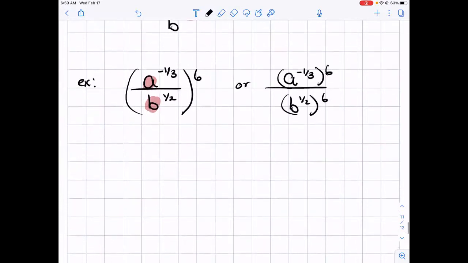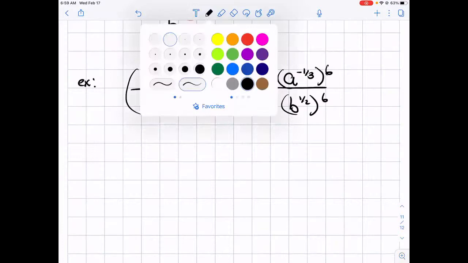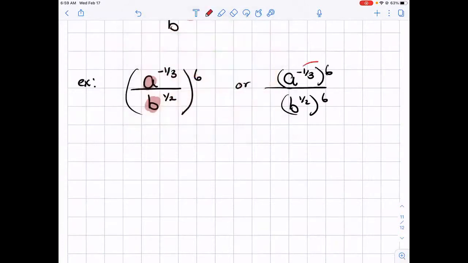Now, whichever case you do, you have to distribute, okay? The power has to be distributed. So if we distribute, we get a, and if you multiply negative 1/3 times 6, you get negative 6/3 over b to the 6/2.